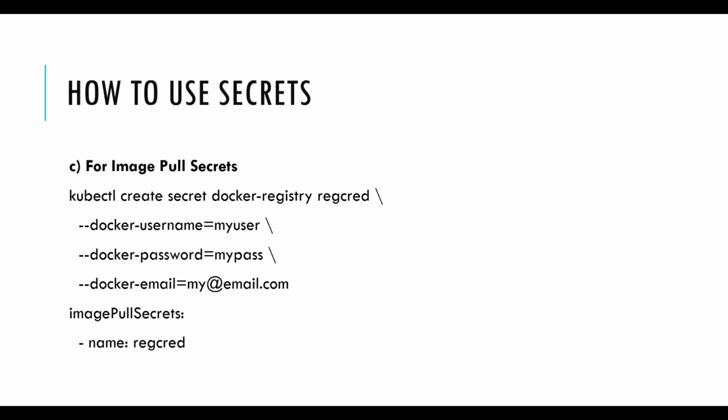We can first create those credentials using kubectl create secret docker-registry, give the name for that secret, then the docker username, password, email. Then in our YAML file where we are giving the image name, we need to give imagePullSecrets and the name of the secret that we created. So whenever the YAML file tries to pull the image, it will use these credentials. So this is also one of the ways.